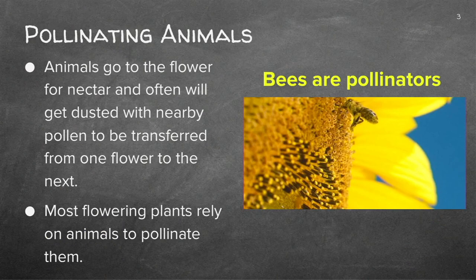Pollinating animals. Animals go to the flower for nectar and often will get dusted with nearby pollen to be transferred from one flower to the next. Most flowering plants rely on animals to pollinate them. When we talk about nectar, that's the food bees eat.